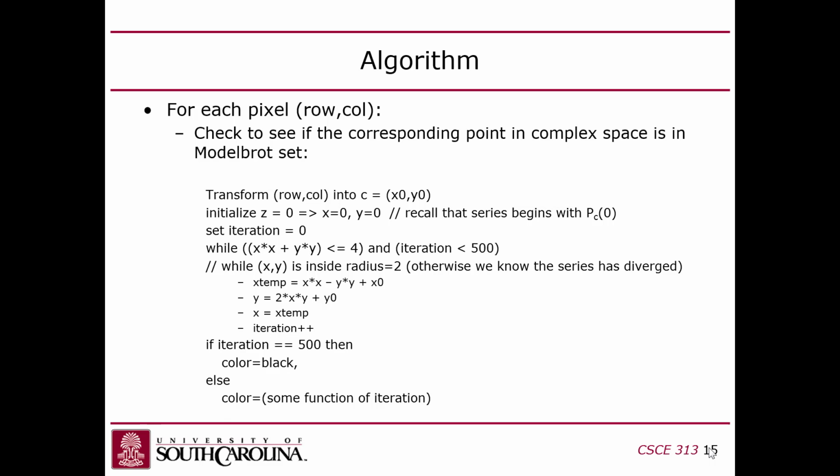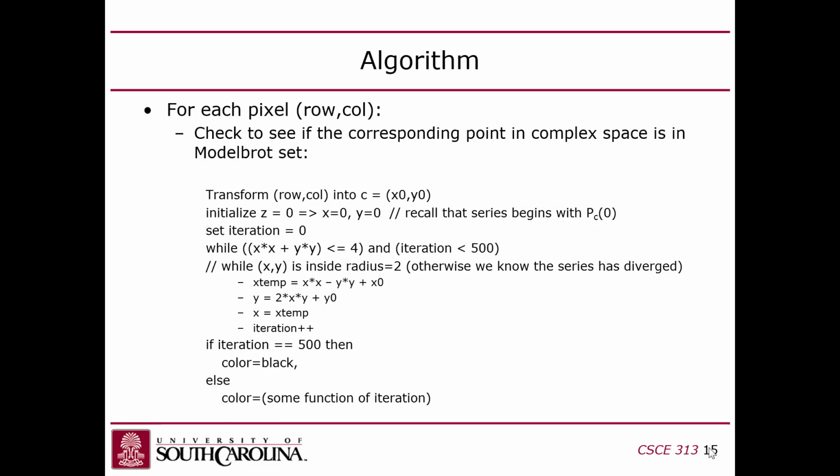So you set x and y to 0, and then you say while x squared plus y squared is less than 2 squared, which is 4. As long as that's true, then I'm going to calculate a new z, and you just do it with these 3 lines of code, actually. So you calculate x temp, which is the real component.